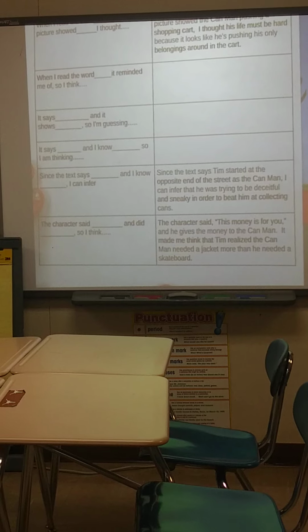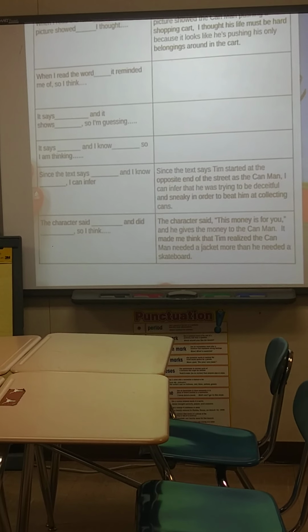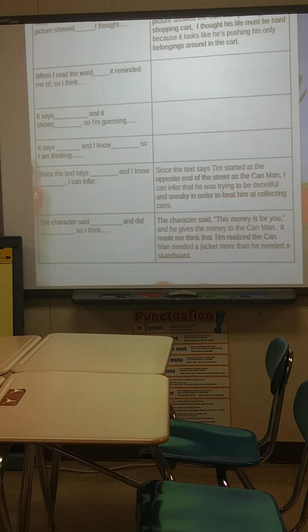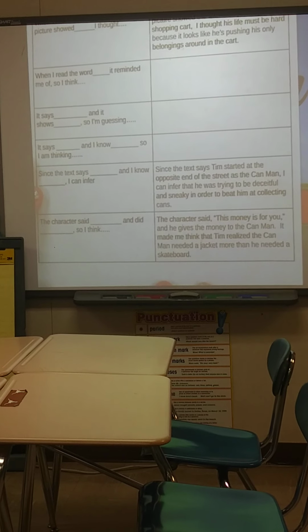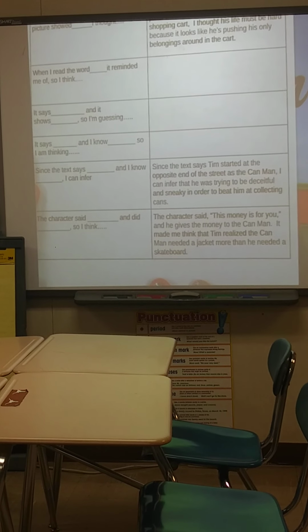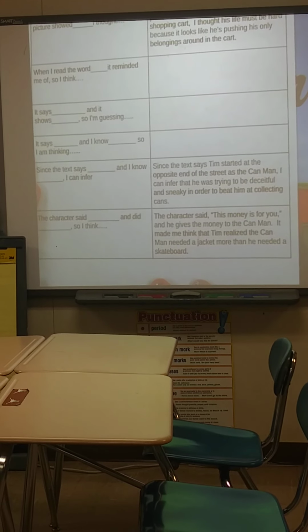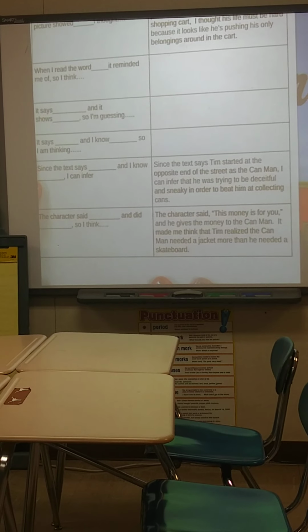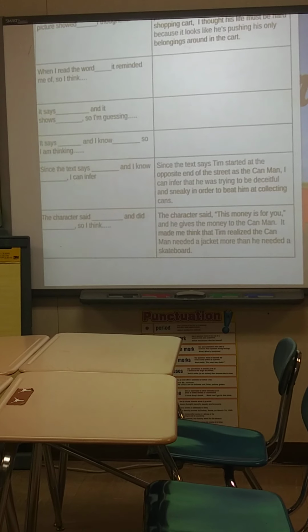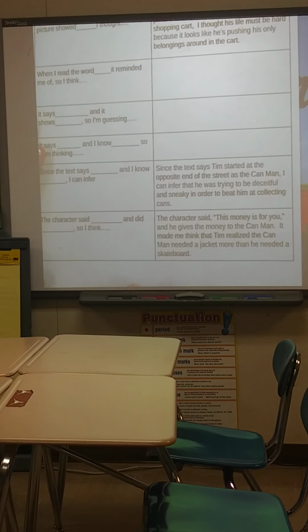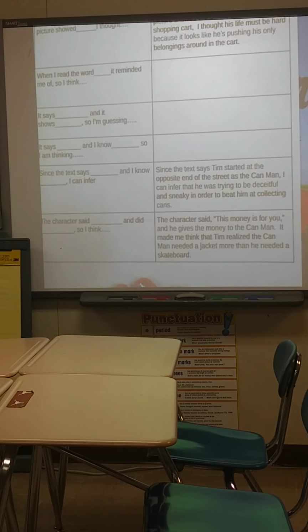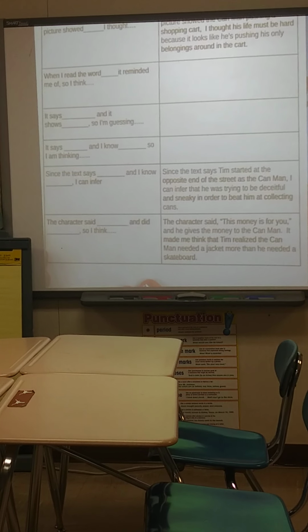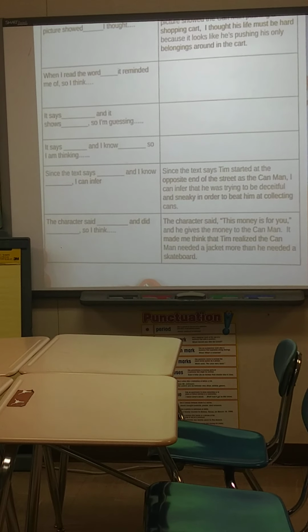The character, Tim, said, "This money is for you," and he gives the money he earns to the Can Man. It made me think that Tim began to realize that the Can Man needed a jacket more than he needed a skateboard. What a thought process that Tim went through in the book. As I was reading, I was taking what I read in the book, I put it together with what I knew, and I made an inference.